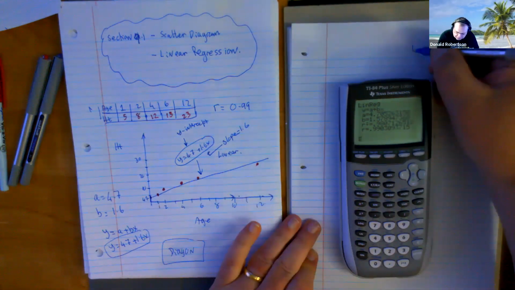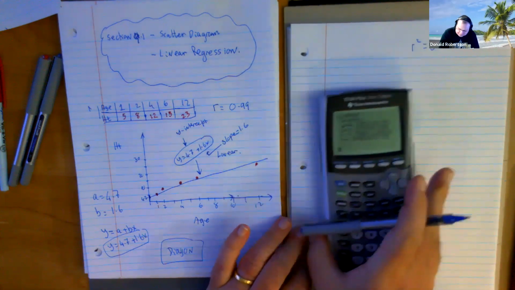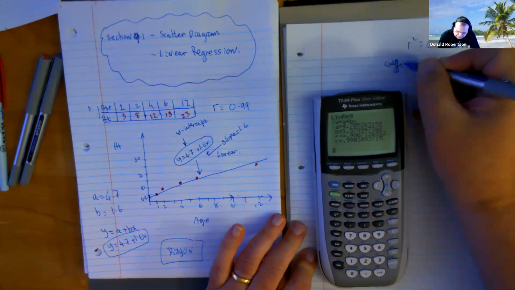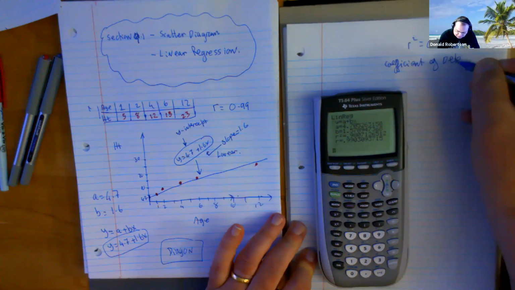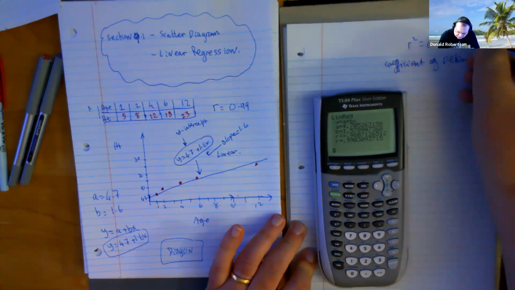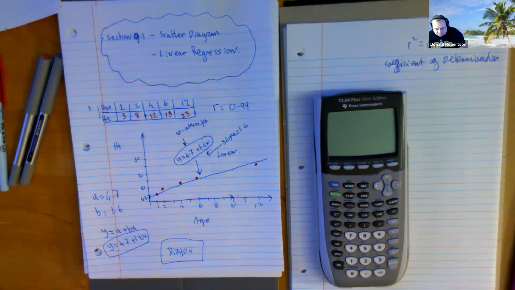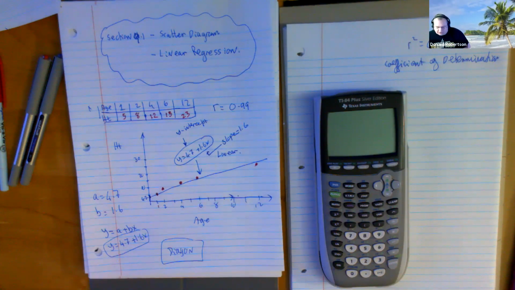R squared, in this case, is 0.98, roughly. It's called the coefficient of determination. And although it's a decimal, we almost always think of it as a percentage. It's another way of telling me how close this data is to being a perfect straight line.